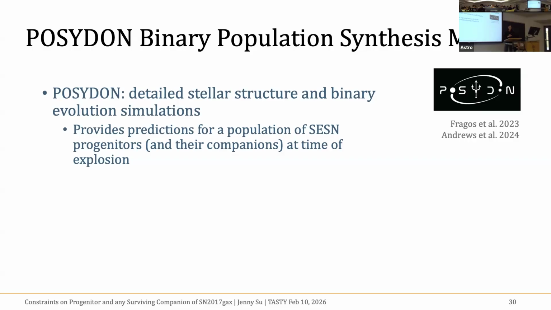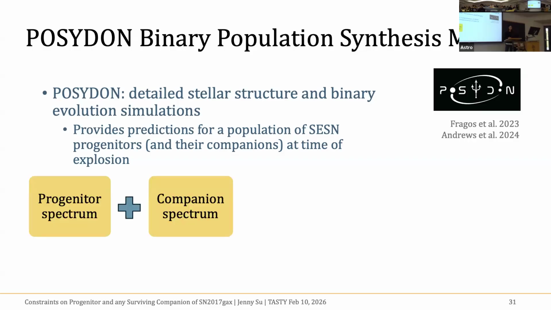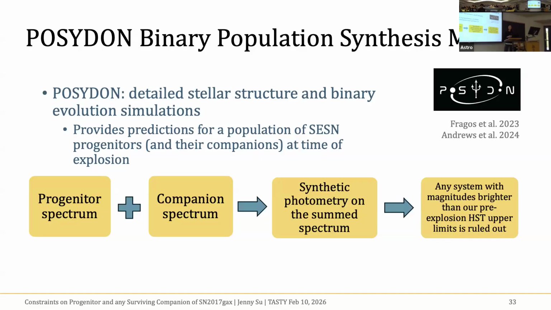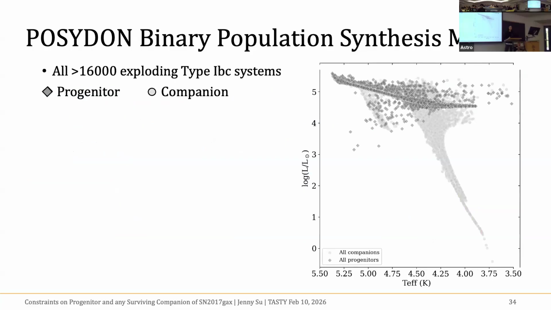What it does is that it can tell us what combinations of progenitors and possible companions are expected to go stripped-envelope supernovae. For that, we considered both the progenitor and companion together by adding up their spectra, calculating the summed spectra as synthetic photometry. Then any system that is brighter than that combined magnitude will be ruled out.